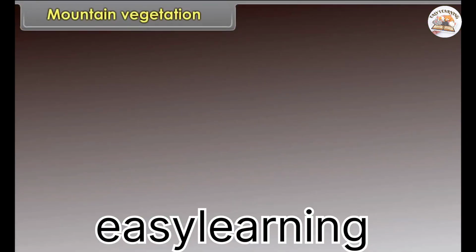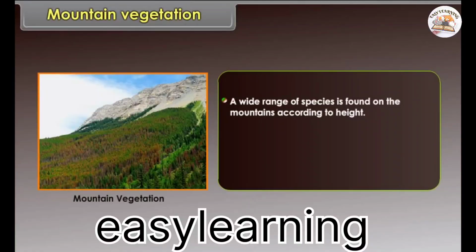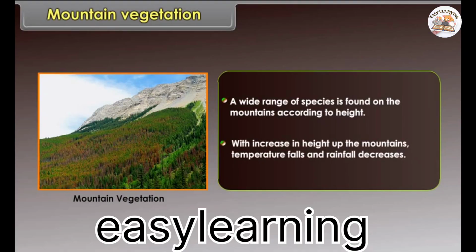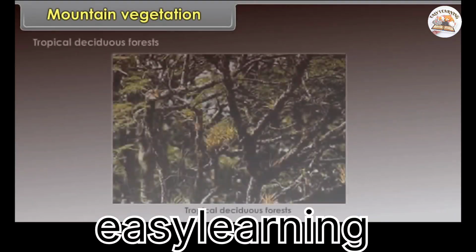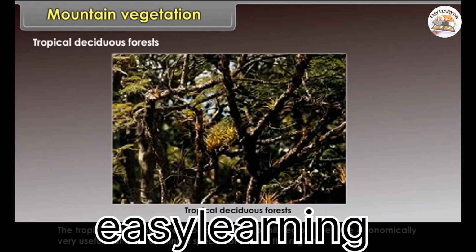Cactus, khair, babool, kikar are their important trees. They are found in the states of Rajasthan, Punjab, Haryana, eastern slopes of Western Ghats and Gujarat.